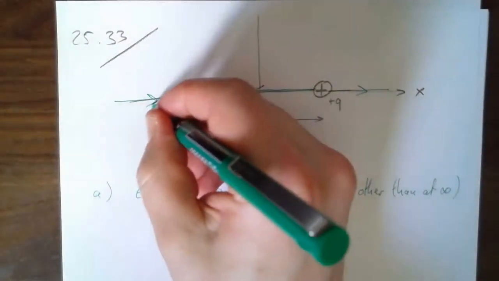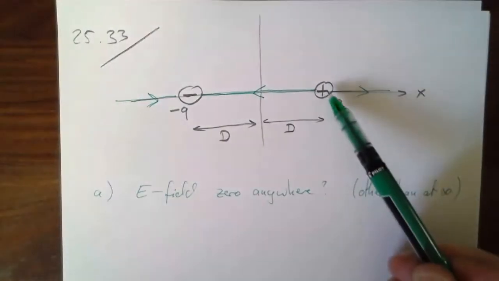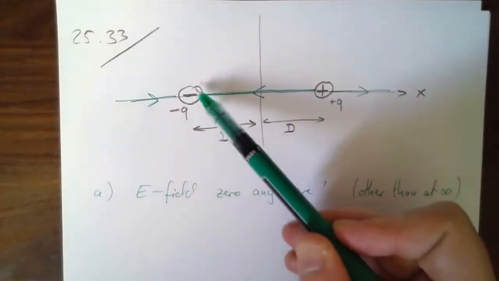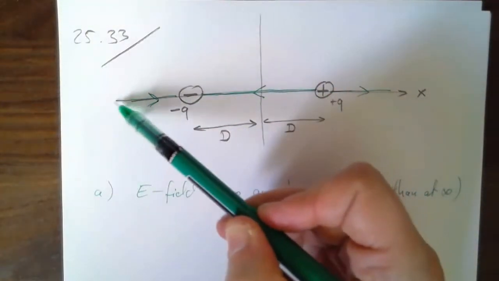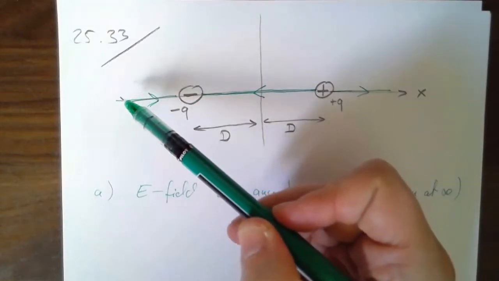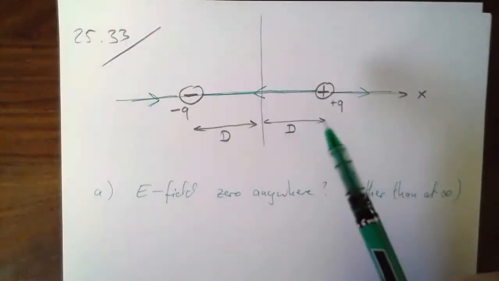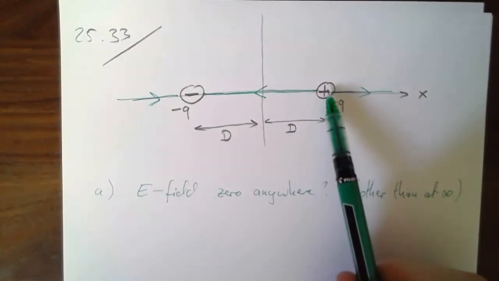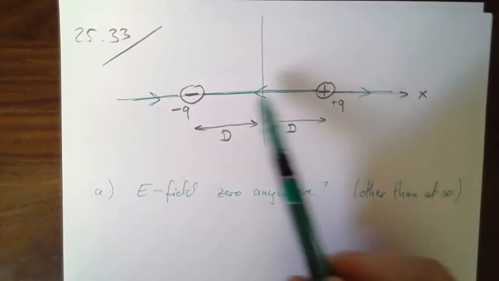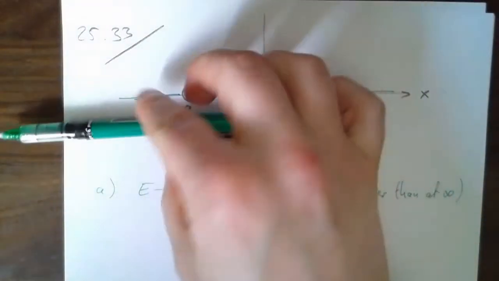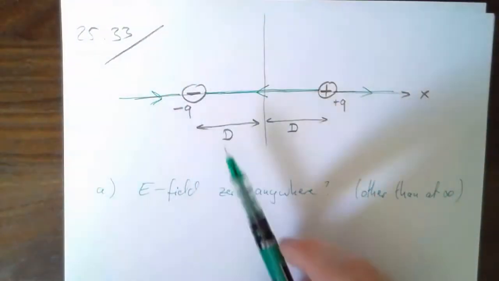Now, could it be that this isn't quite right, and that the electric field due to this one cancels out the electric field due to this one somewhere over here, say? Could be, right? Well, not in this case. Let me say this again. This one creates an electric field that goes outwards in all directions, right? So if it were just for this charge, there would be an electric field to the left over here.